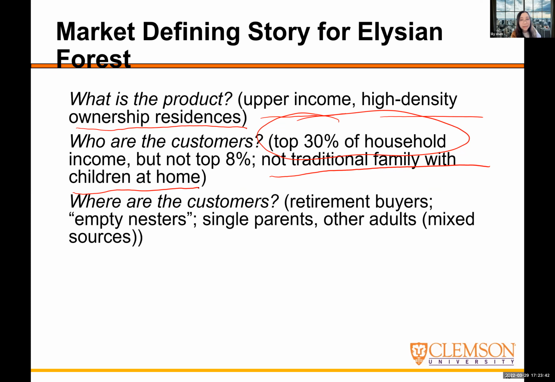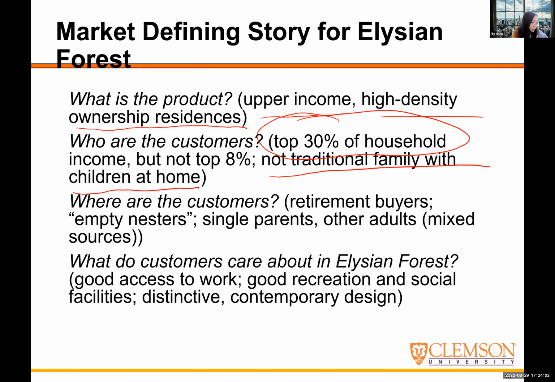Okay, thank you, Zach and Sean. So next they ask, where are the customers? They say, well, the local non-traditional family, they have the retirees, they have empty nesters, the people whose children are in college already. They have single parents, they have other adults, working professionals. So what do customers care about?